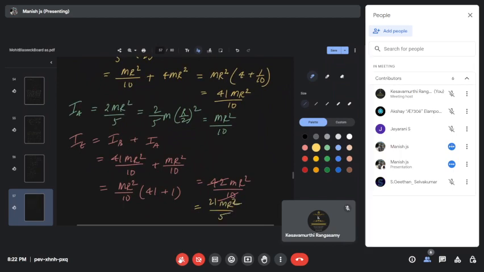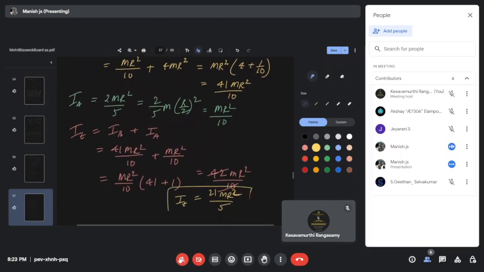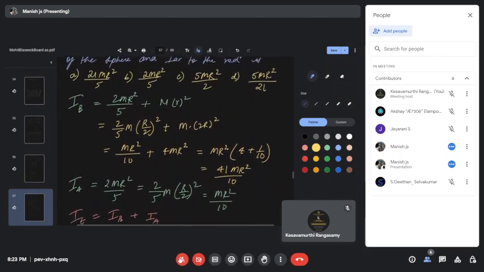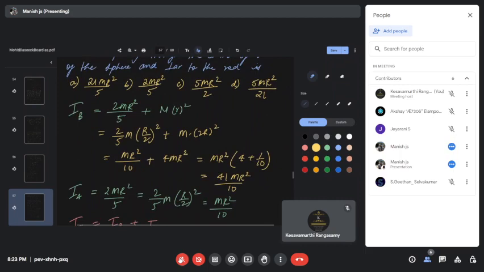That's it. So that is the total moment of inertia. That's the final answer. Okay, so 21 mr squared upon 5. So the answer is option A.